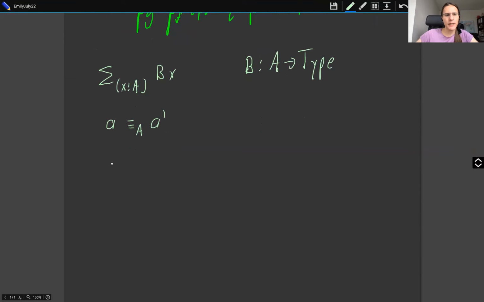Then if we consider equalities between, let's say, (a, b) and (a prime, b prime) in the sigma type, I'll write it like this.